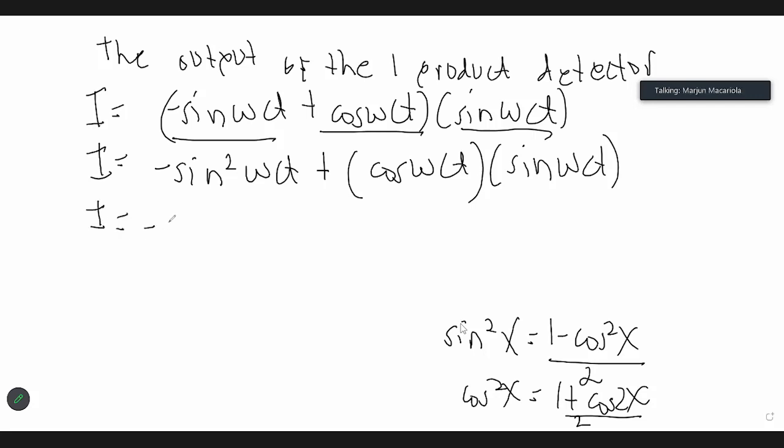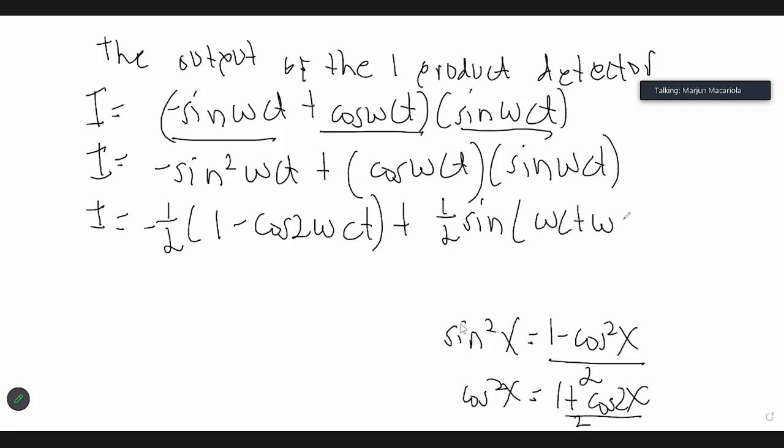So, I is equal to negative, so that is sine squared, so this will be equal to negative 1/2 multiplied by 1 minus cosine 2 omega ct, plus, again, we need to know the identity for the product of cosine and sine, which is equal to 1/2 sine of the sum of the angles, omega c plus omega ct, plus 1/2 sine of the difference of the angles, which is omega c minus omega ct. Okay? Nakakasabay pa?